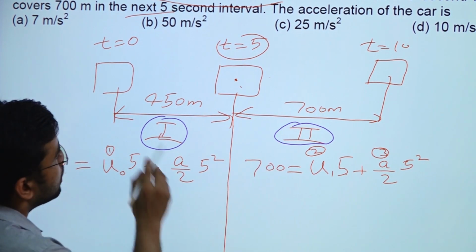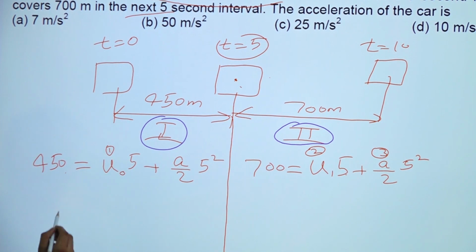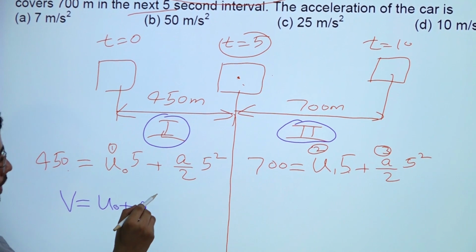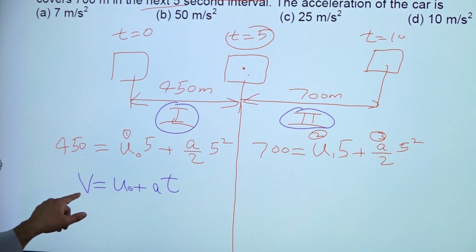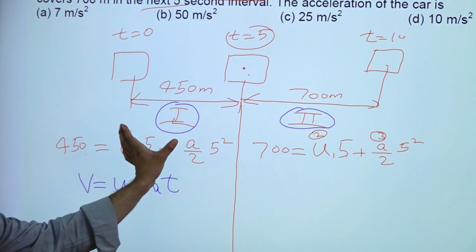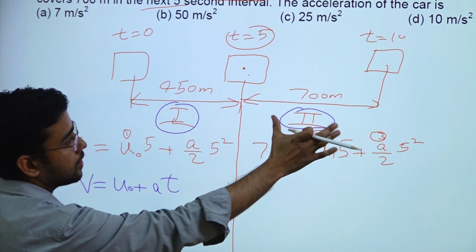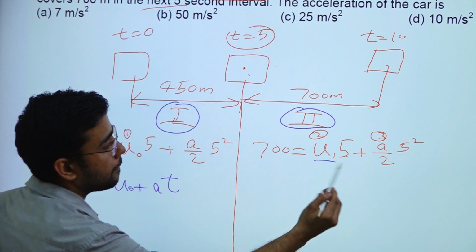For this case, we will write the first equation of motion. What is the first equation of motion? V is equal to u0 plus at, right? So this V is the final velocity of the car for this section, and it will be equal to the initial velocity of the car for the next section, so this V will be equal to u1 here, right?